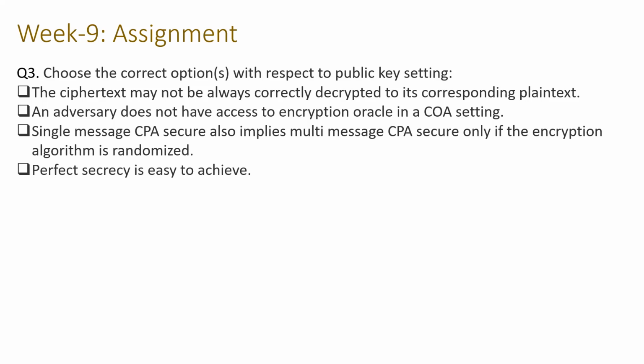The reason being that there are always two keys, right? Public key PK and secret key SK in the public key setting, and they have a certain relation between them. Now, whenever the adversary has the knowledge of PK, it can search over the key space of the secret key, like a brute force attack or exhaustive search, and try to find out what the valid secret key is with respect to the available public key PK.